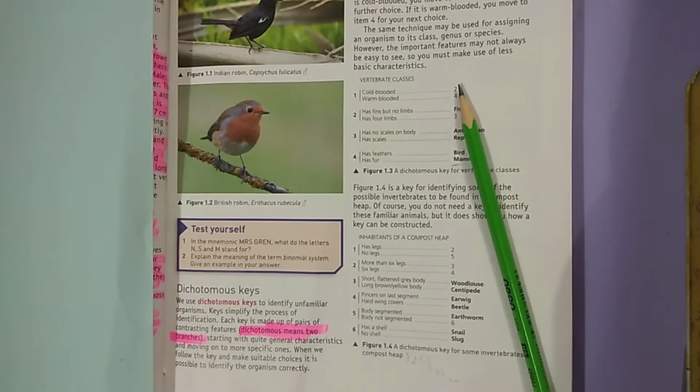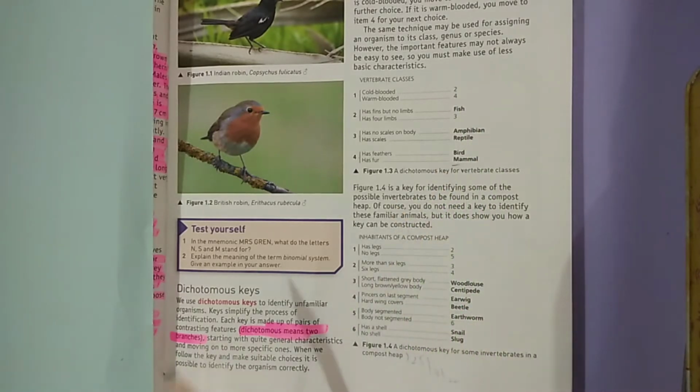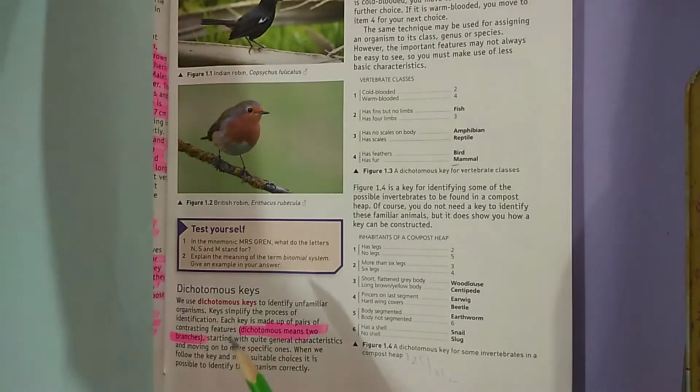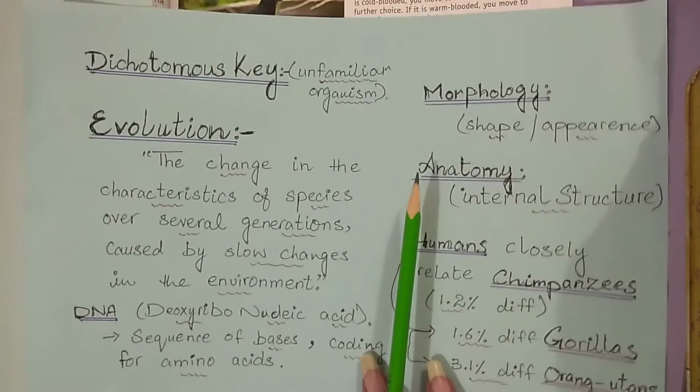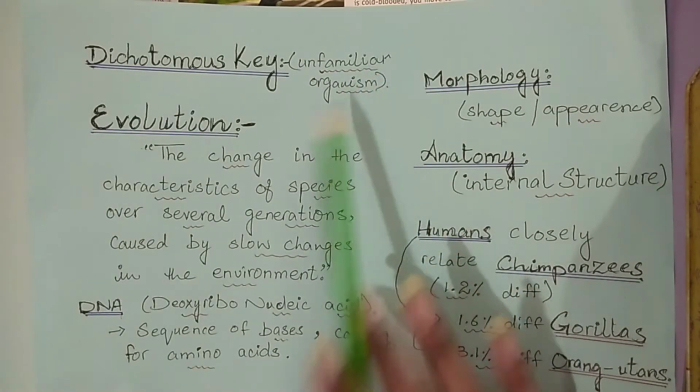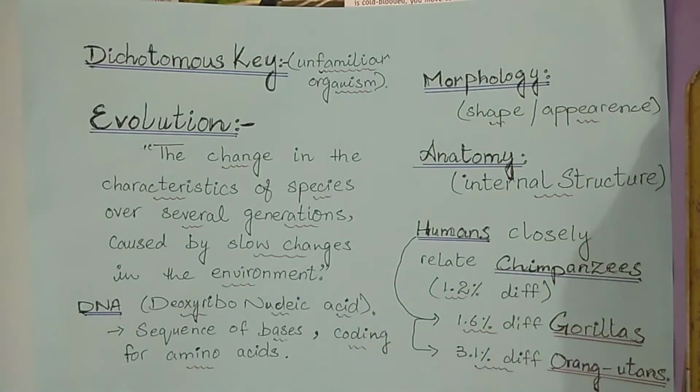We all have to know about this key, which is the dichotomous key. Dichotomous key means unfamiliar organisms. I have made a key for you here. The dichotomous key means that we do a comparison between two organisms.